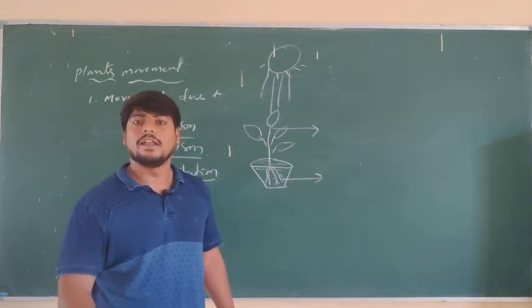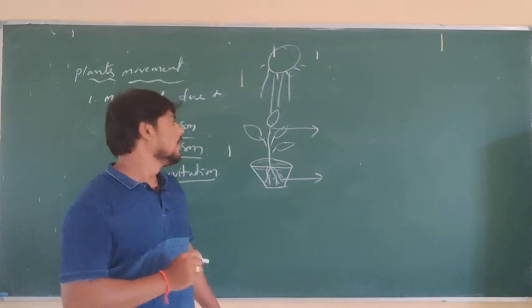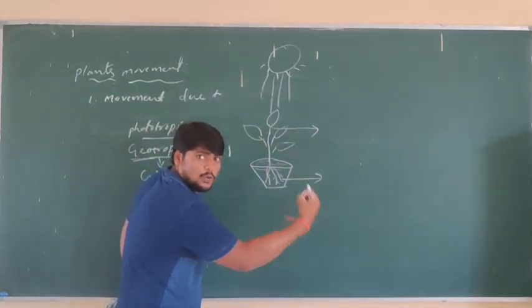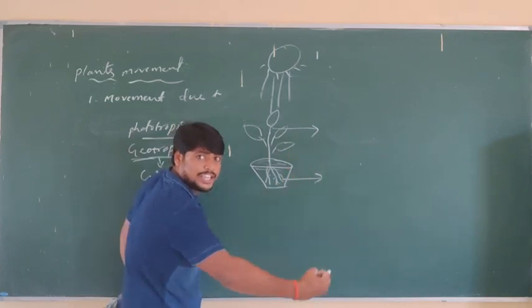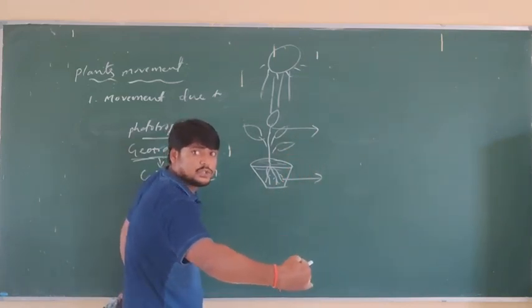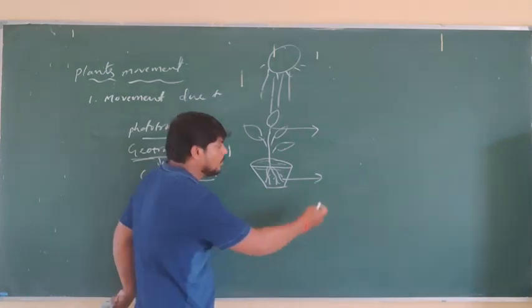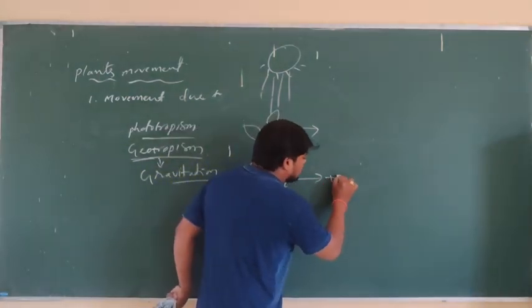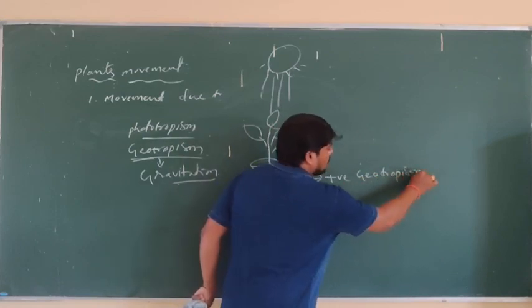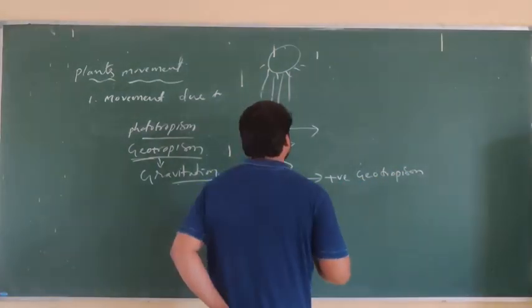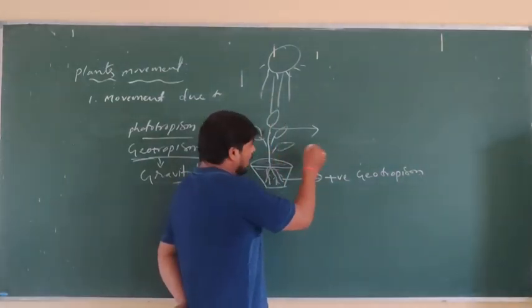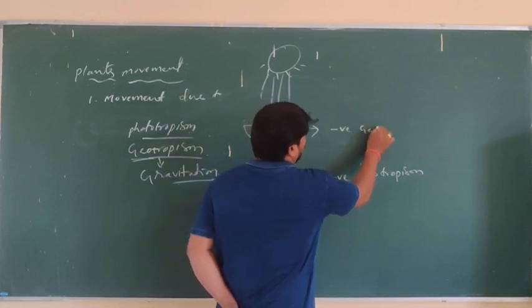As we know, the roots are always growing downwards, towards the gravitational force. It means the roots always show positive geotropism, whereas the shoot always shows negative geotropism.